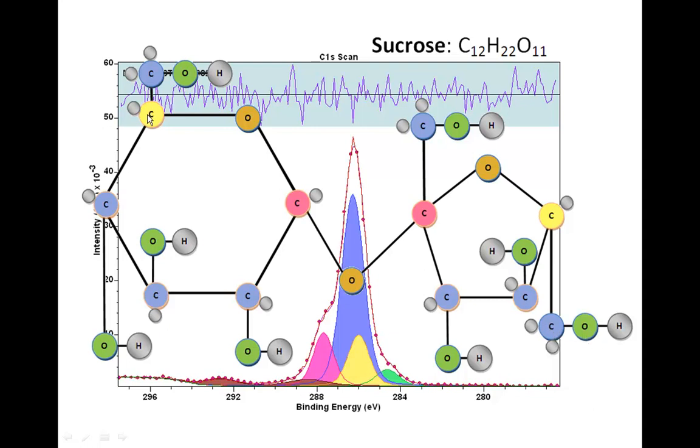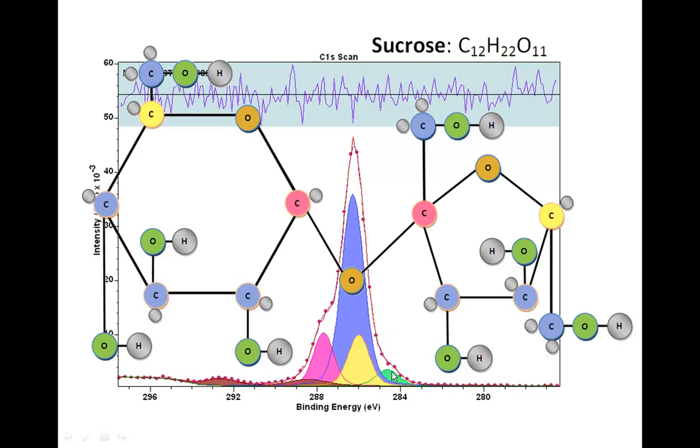And similarly we've got 2 that correspond to a CO type bond, and we've got two carbon atoms that correspond to an OCO type bond. So we arrange these components in this particular way and then we fit it to the data. But it's not as simple as that. We have to add additional components.